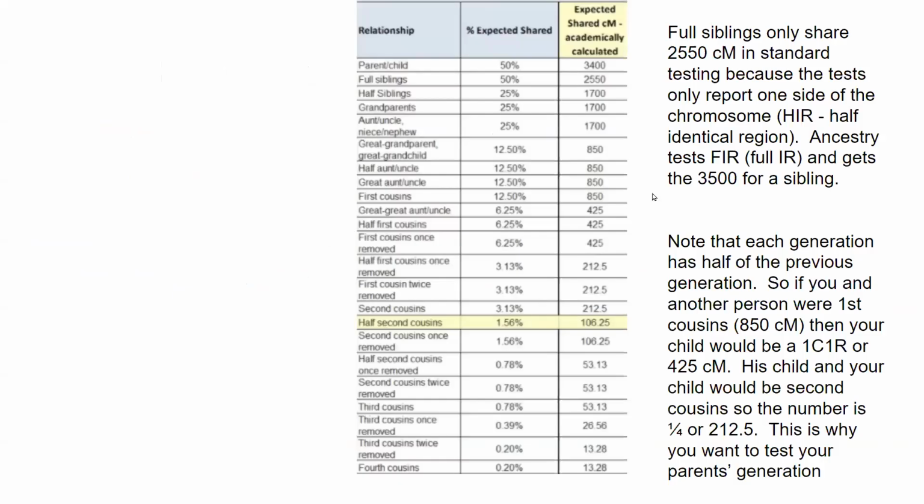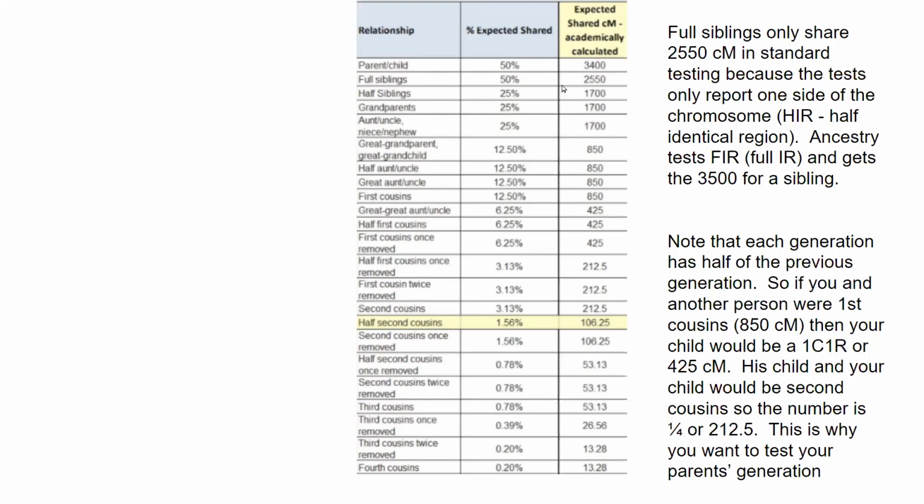So what they've done with these 7,000 is looked at how that relates to you and other people. If you are a parent-child relation, you get 3,400 out of that. It's actually 6,800 SNPs, centimorgans that they have available.